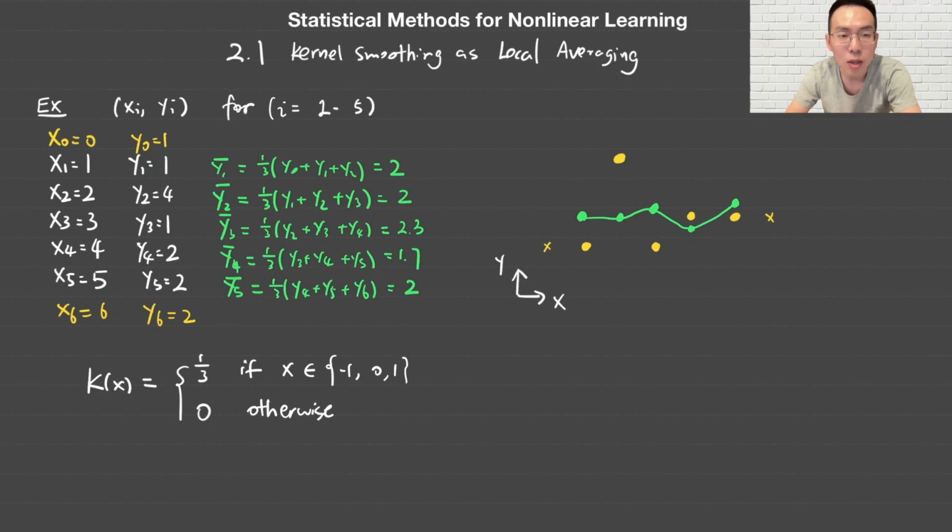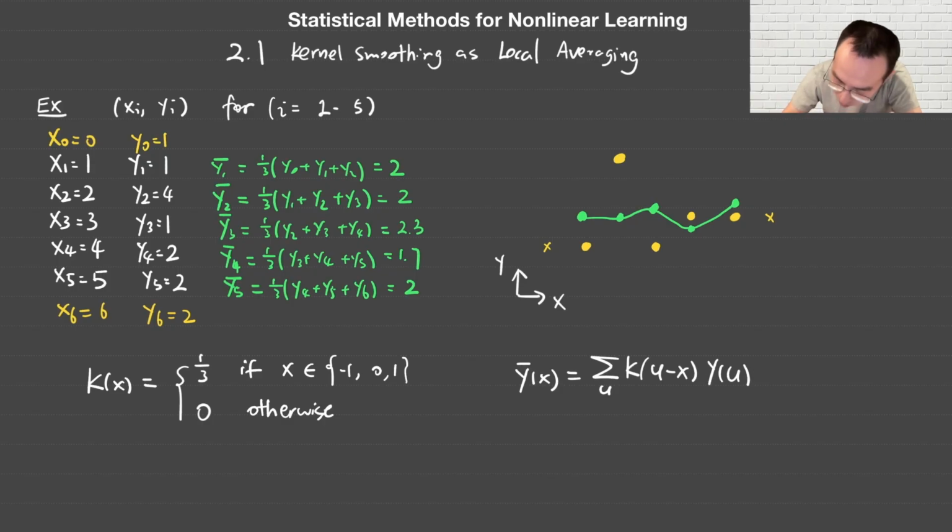Then we can write out the local smoothing formula using this function k. We will have y bar of x equals the summation over u of k(u minus x) times yu. So that is the equation for local smoothing.